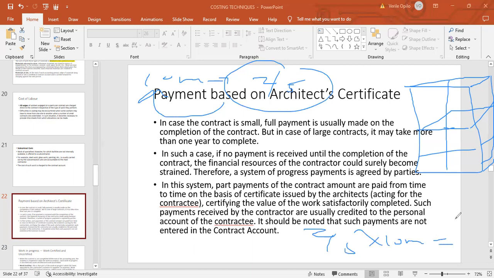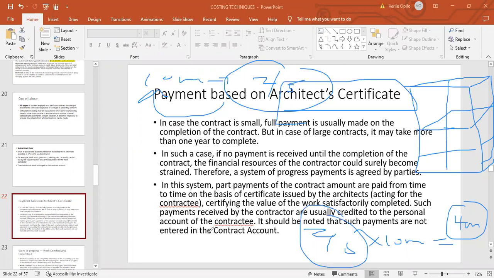In this case, you pay me 4 million shillings for the job I have done. But before this amount is paid, the architect has to come in and say, yes, you have done 2/5. But out of the 2/5, what I feel comfortable about you having fully completed is actually not 2/5, but maybe 1/5.